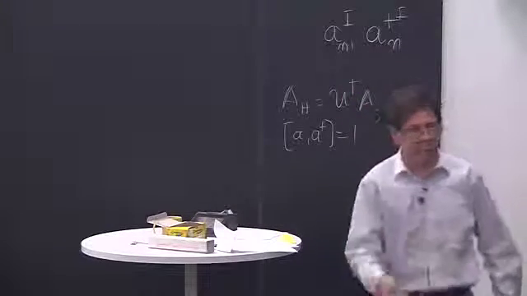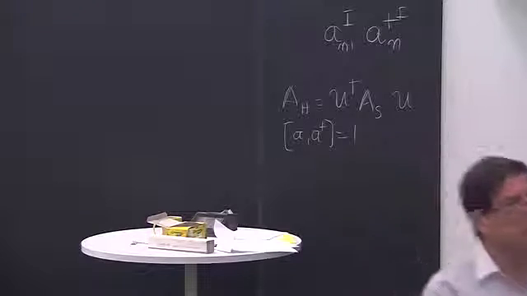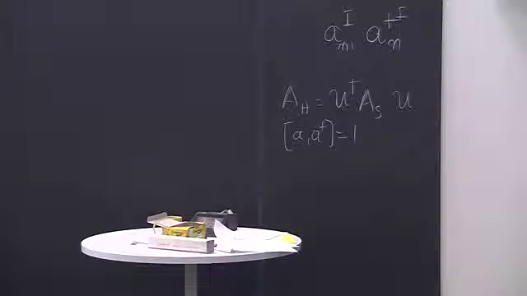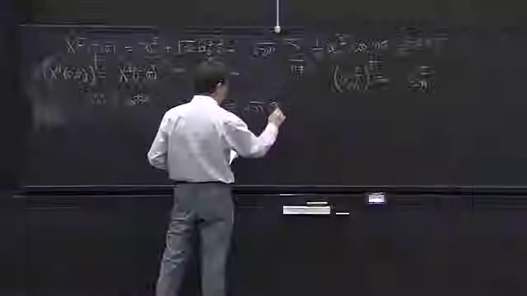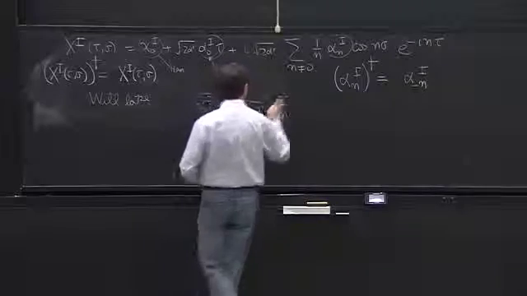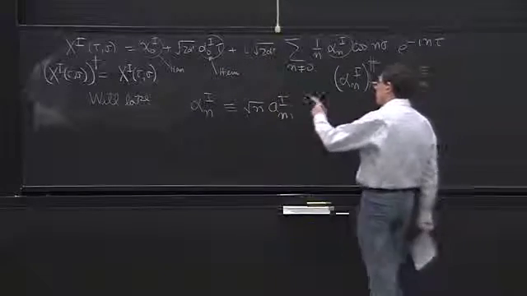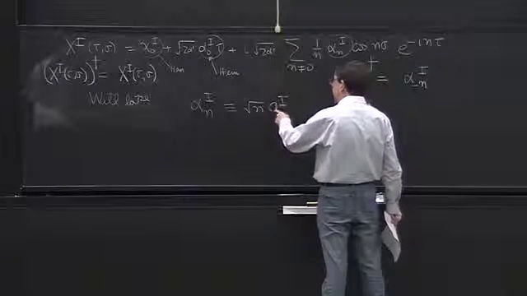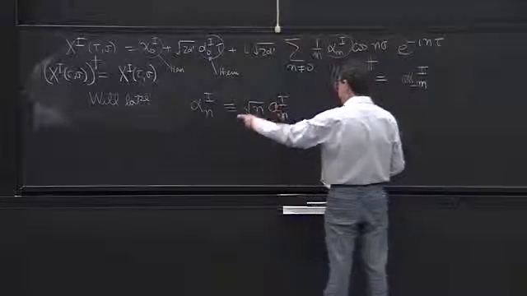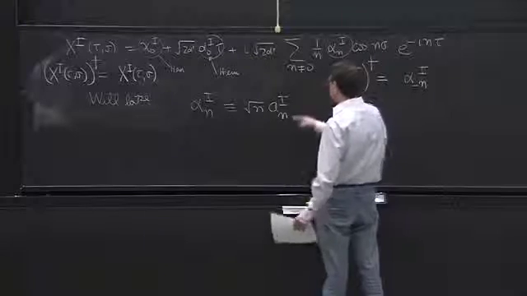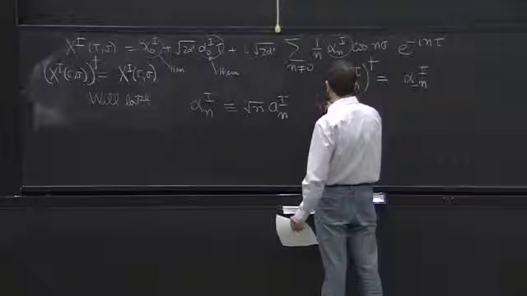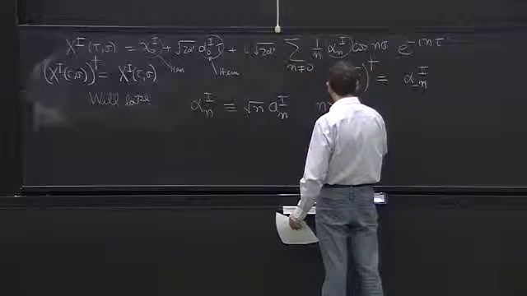And that we want to keep. So let's try to see how we get creation and annihilation operators here. So we'll define this to be square root of n times a n i. So look, square root of n a's as opposed to alphas. They're very different. But I will take this to be just true for n greater or equal than 1.